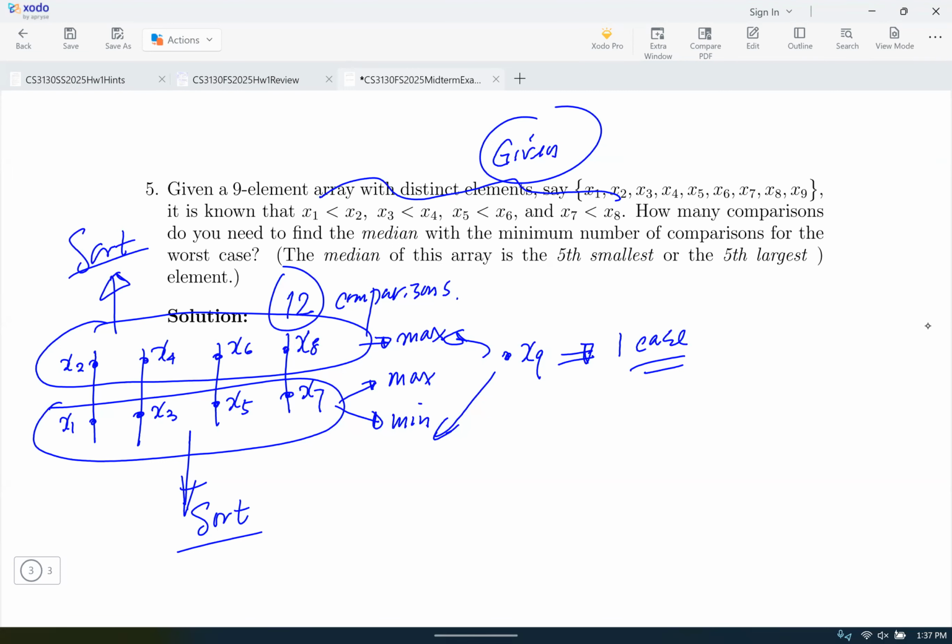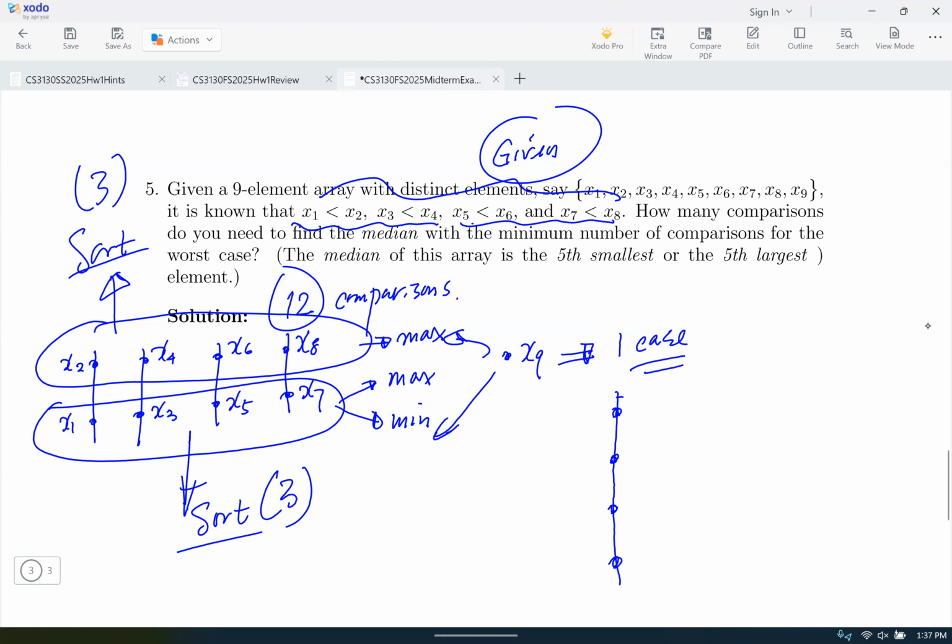With the given information, remember, we have given information, we need 3 comparisons to sort. 6 comparisons, and we get two ordered arrays here.